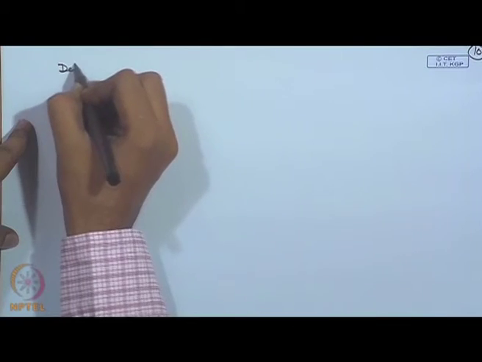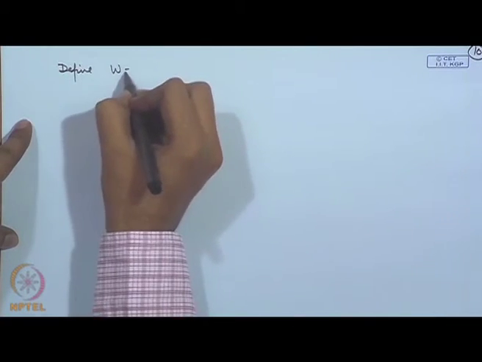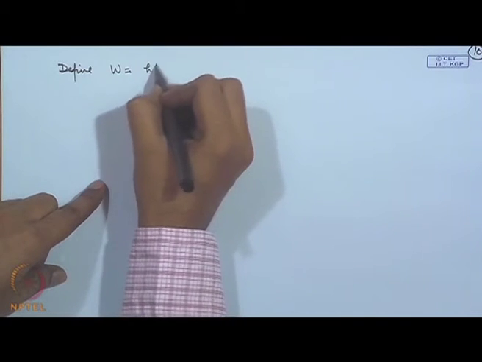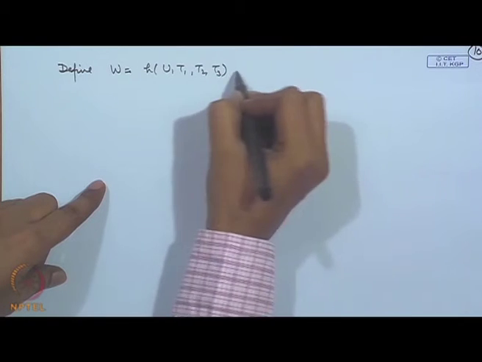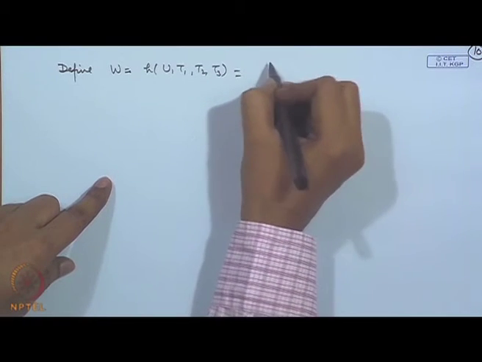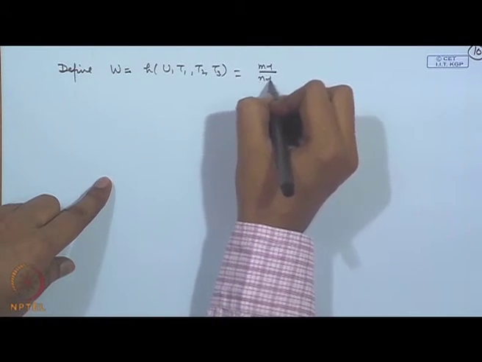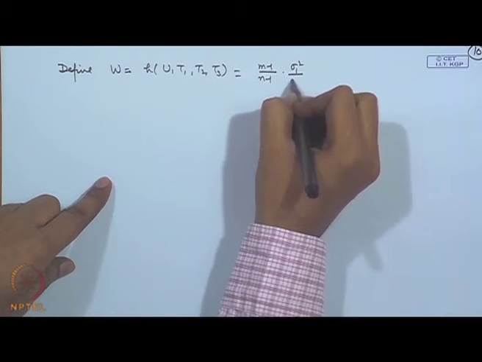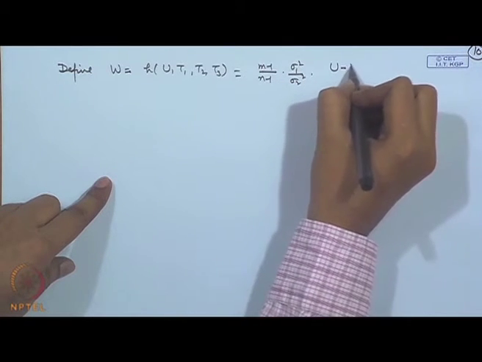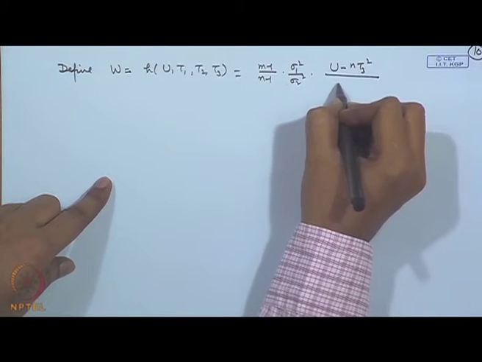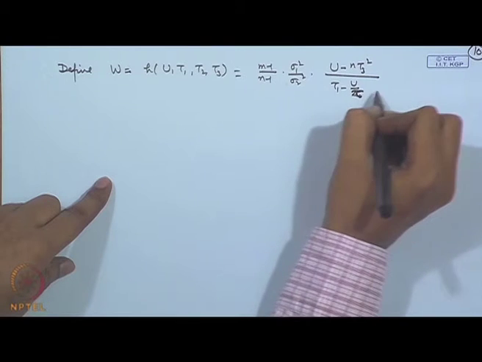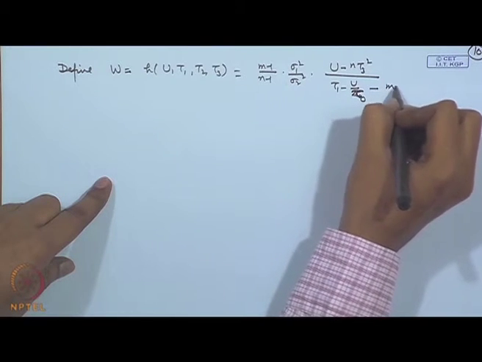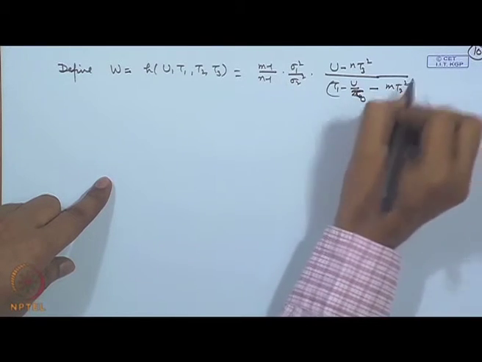So, we consider it like this: define w equal to h of u, T 1, T 3, that is equal to m minus 1 by n minus 1, sigma 1 square by sigma 2 square, u minus n T 3 square, divided by T 1 minus u by tau naught minus m T 2 square.